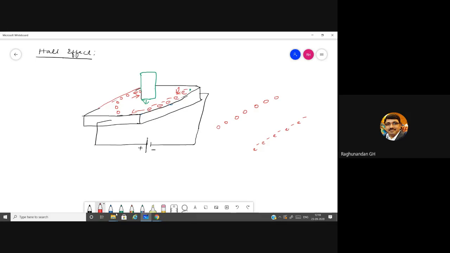Now what I wrote is the holes are moving like this, electrons are moving like this. What change are you observing? This was the previous case. This is the present case after introducing the magnetic bar at the center.